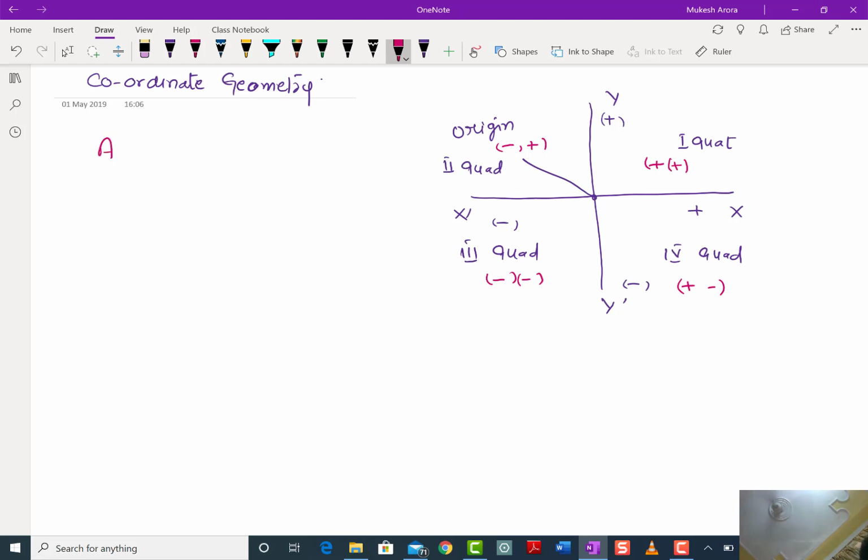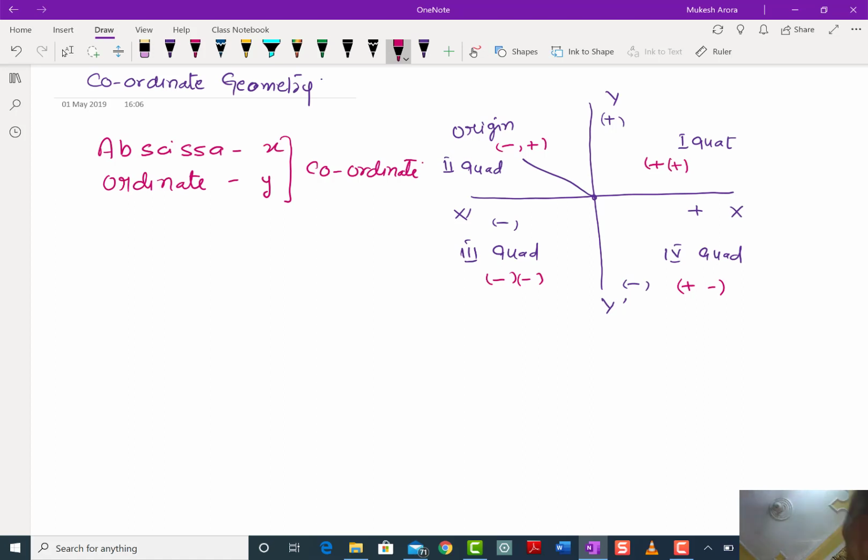The value is abscissa. Abscissa means x and ordinate means y, and when both are together, they are called the coordinate. Right?